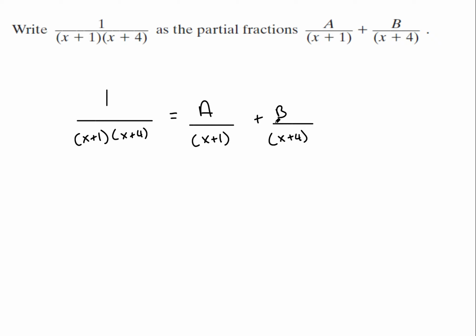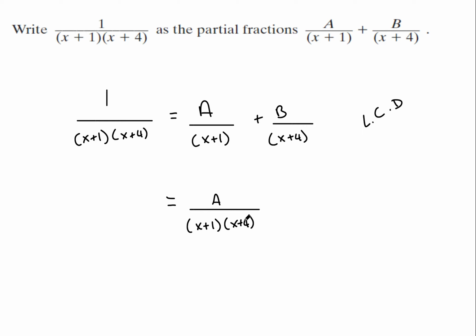So the first thing I could do is start to make this a common denominator, or more specifically, a lowest common denominator. How would I do that? Well, just look at what the target is here. So I have a all over x plus 1 already, and I'm going to make it x plus 1 by x plus 4.